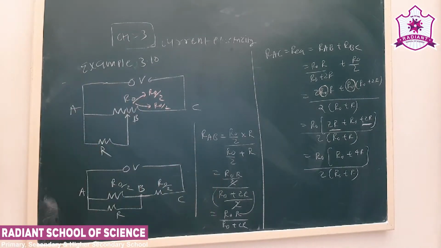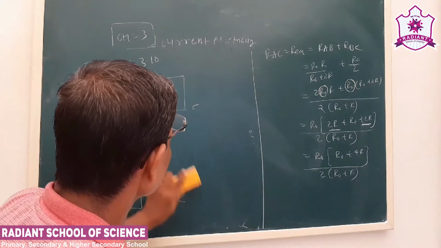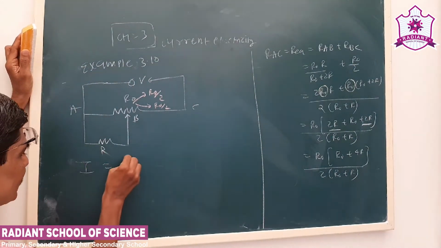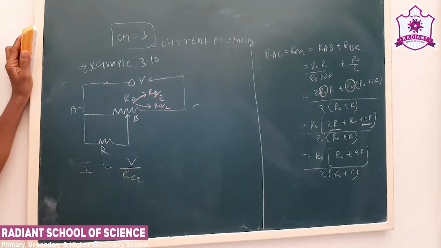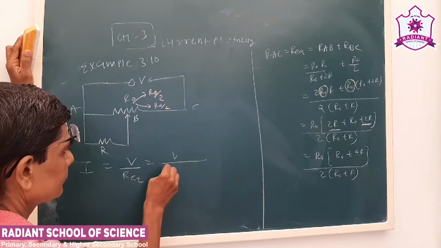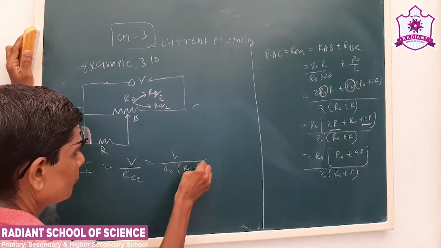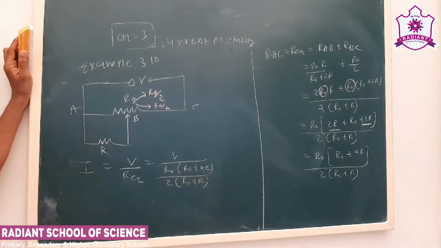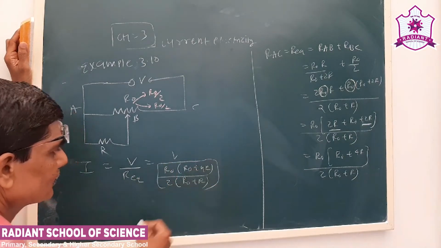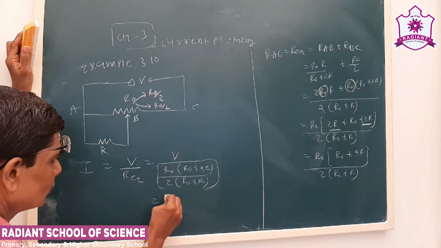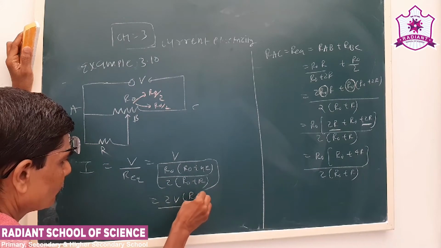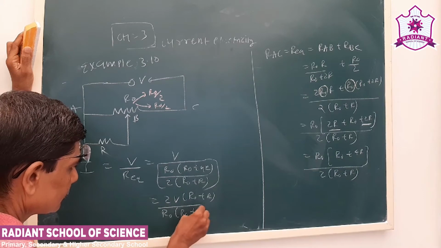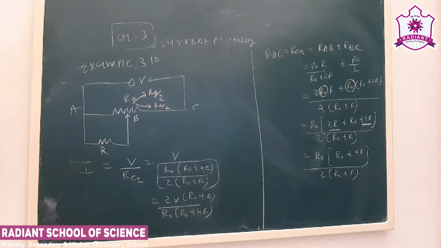Now we have to obtain the current. I is V upon R equivalent, V upon R0 plus 4R upon 2R0 plus R. Now this is the total resistance of the circuit, so it will move to the numerator. 2V R0 plus R upon R0 plus 4R.